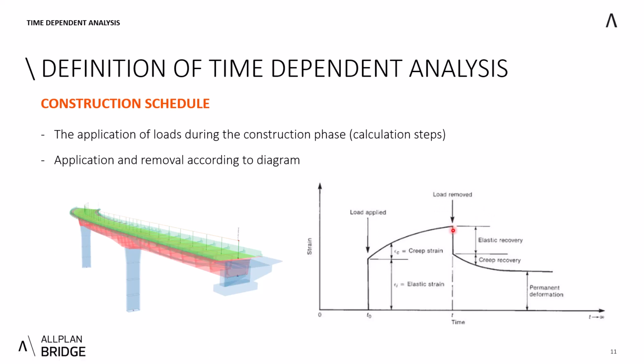And of course, what happens is some kind of elastic recovery, and then along the time axis, we also get some creep recovery, but we are still left with this permanent deformation. And this is why we also correctly consider creeping and creeping of creeping in our calculations.